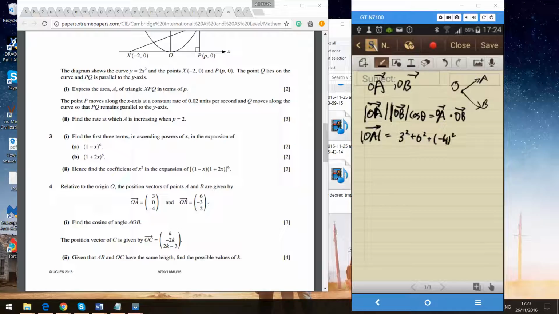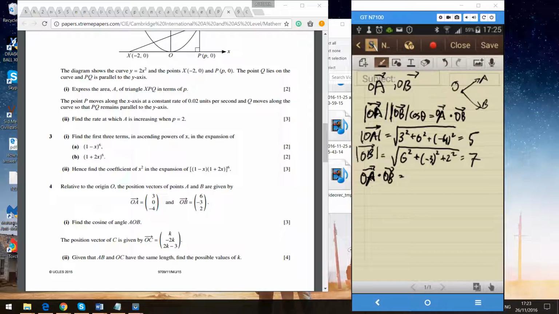So 9 plus 0 plus 16 is 25, and the square root of 25 is 5. The same thing with OB: the square root of 6 squared plus negative 3 squared plus 2 squared, 36 plus 9 is 45, 45 plus 4 is 49, and the square root of 49 is 7.